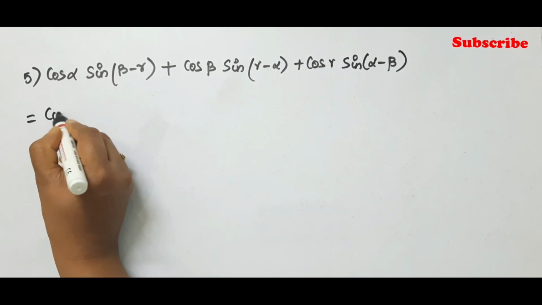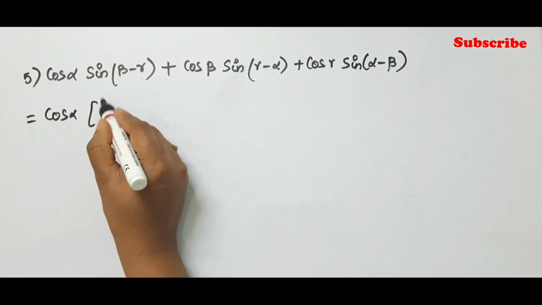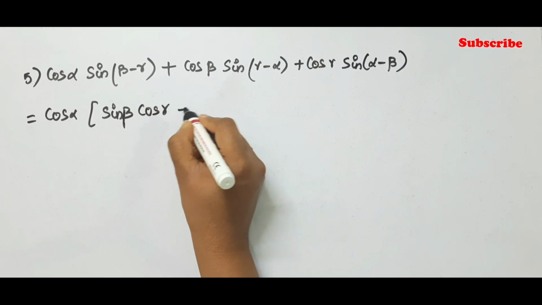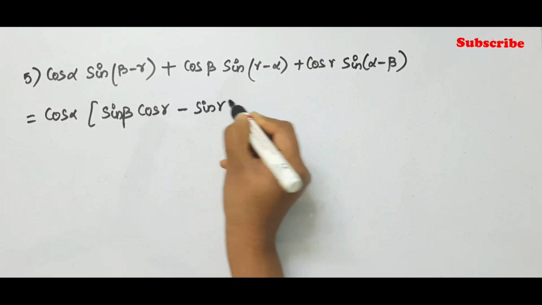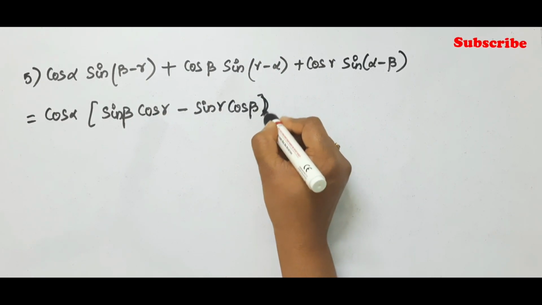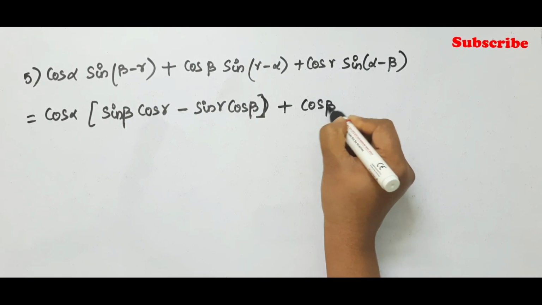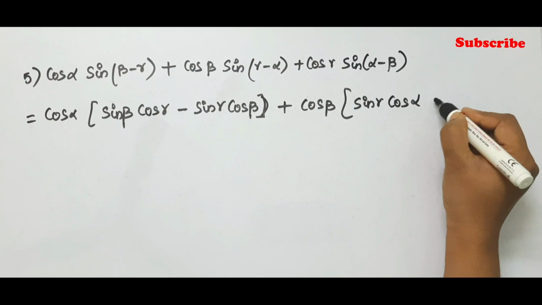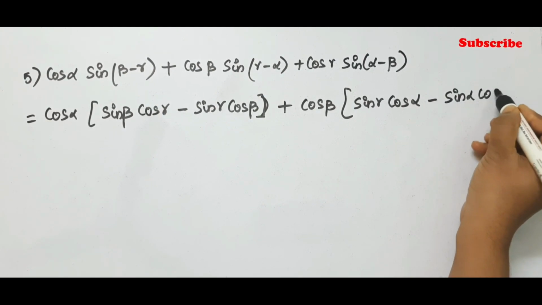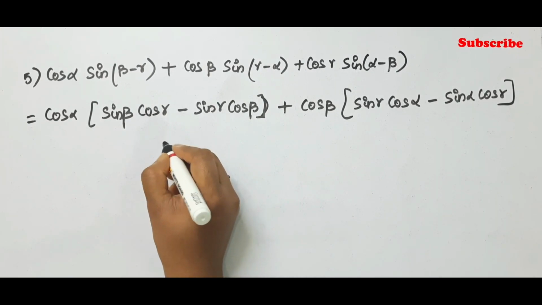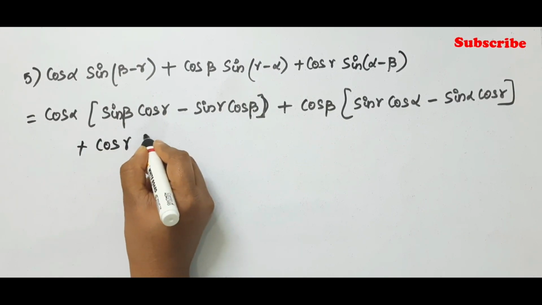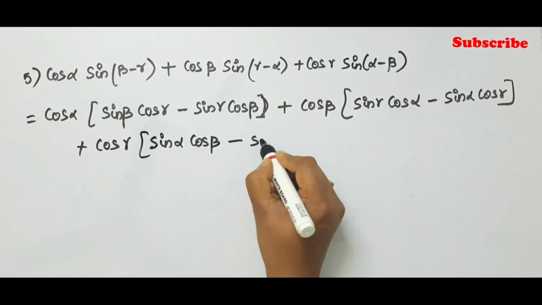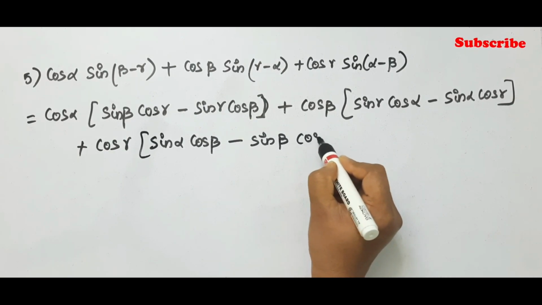So this will be cos alpha, sine of beta minus gamma, which is sine beta cos gamma minus sine gamma cos beta, plus cos beta into sine gamma cos alpha minus sine alpha cos gamma, plus cos gamma into sine alpha cos beta minus sine beta cos alpha.